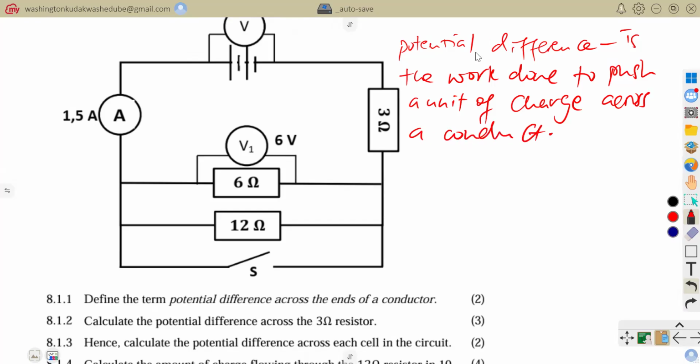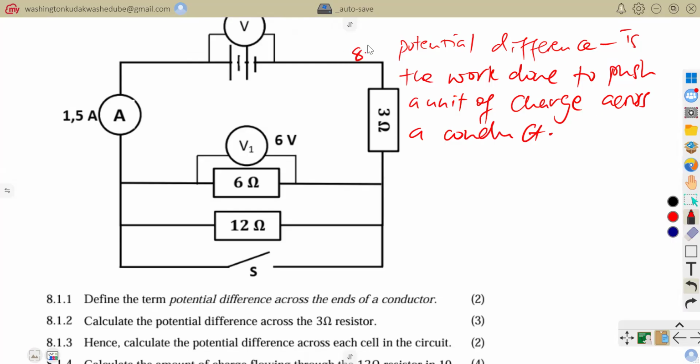So it can either be the energy transferred to move a point charge, or else to move a unit charge across a what? Across the ends of a conductor. That is what potential difference is.